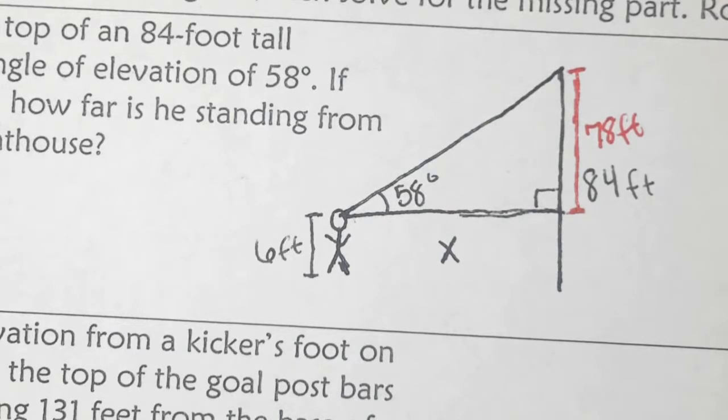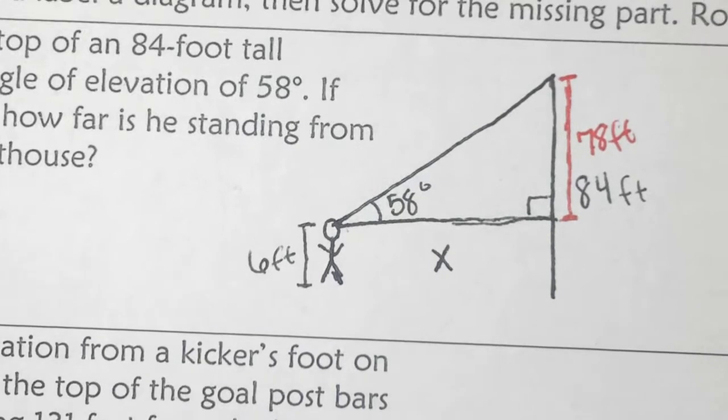Okay, so 84 is the whole thing. So Casey is 6 feet tall, so we're going to subtract. All right, let's label. Kim, label.